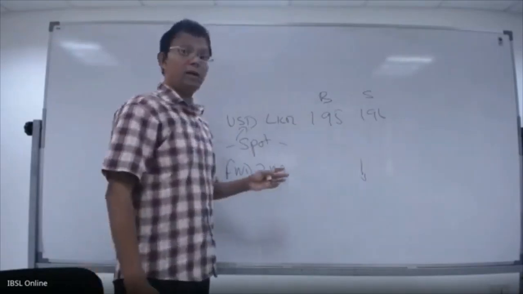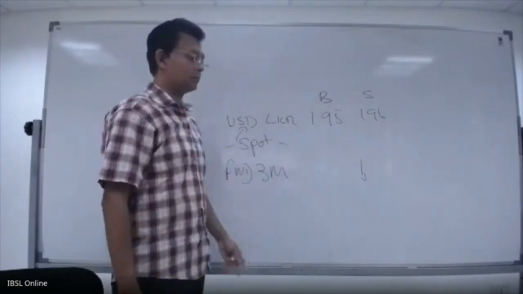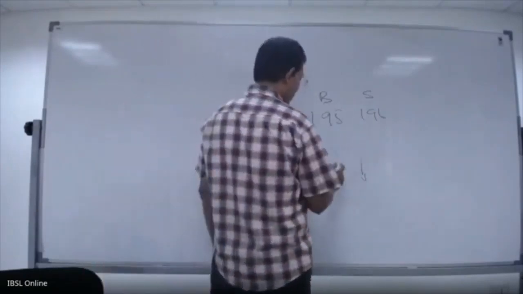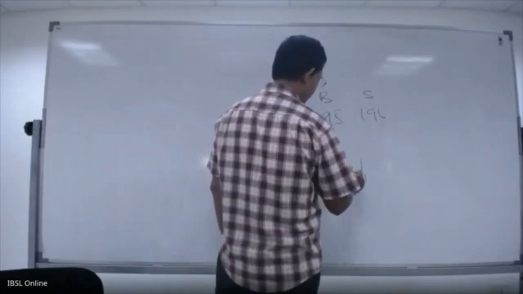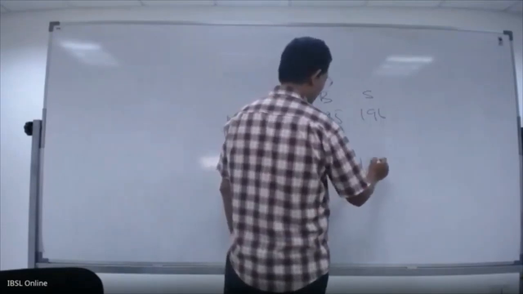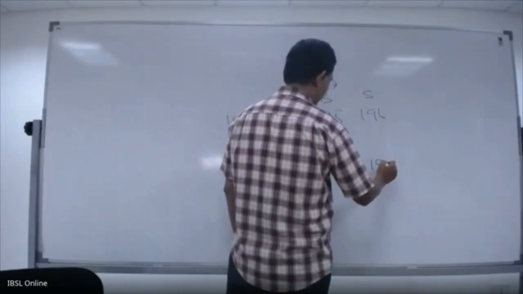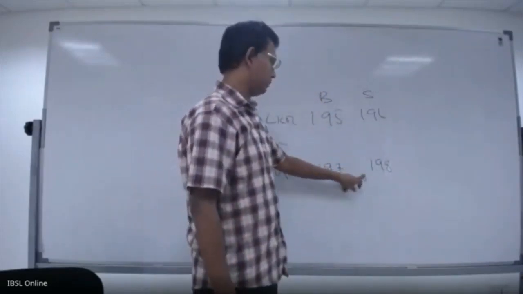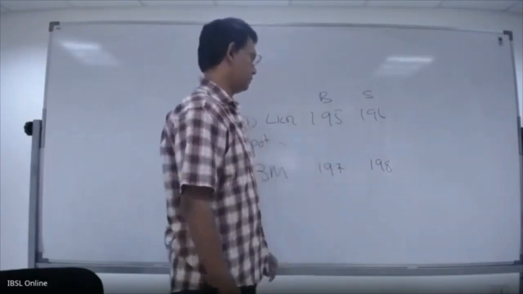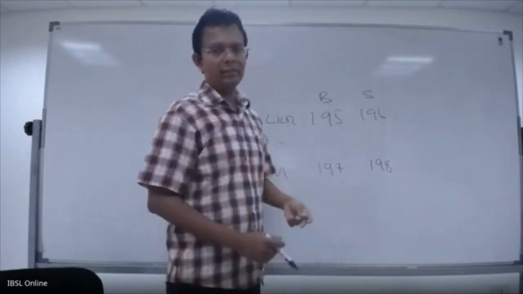Forward rate, why 3 months? Anything more than spot. So the bank gives you 197, 198, buying and selling.